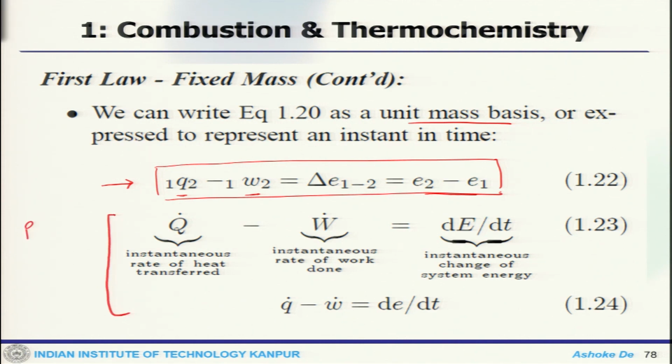The same thing can be written in rate form, that means with respect to time. If someone writes that energy balance, this is the amount of heat transfer that takes place across the system boundary, then the work done at a rate across that system boundary, and then this would be the change of the system energy with respect to time.